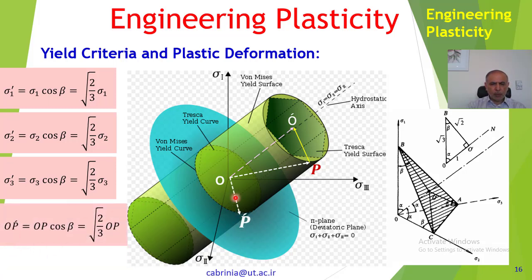Now OP prime, which is the deviatoric, which is equal to O prime P, is equal to OP cos beta. Again, as you can see, this is multiplied by the same scale factor, because all the components are multiplied by the same scale factor. Therefore, the OP we want to project on the pi plane as OP prime is multiplied by the same scale factor as we have done for the components of the stresses.